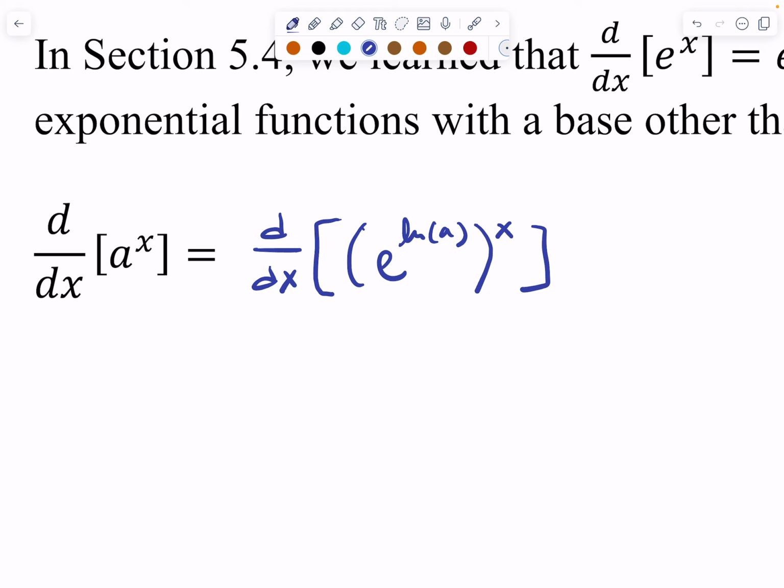Okay, so we've rewritten the base of a as e to the natural log of a. And then, now that we look like we have e being raised to a power, which is also raised to the power of x, when you're raising a power to a power, you can multiply the exponents. So this expression can be rewritten as e to the natural log of a times x, where this is the exponent.